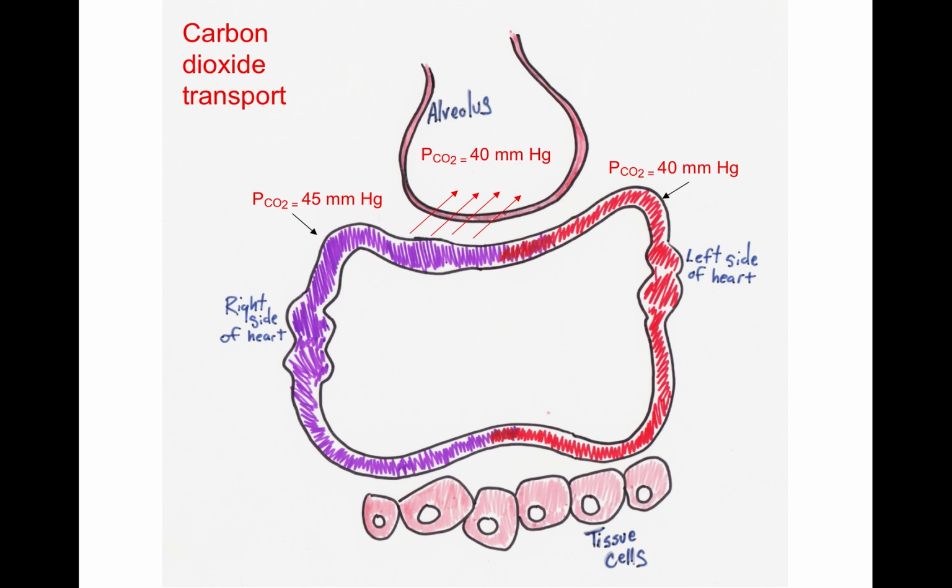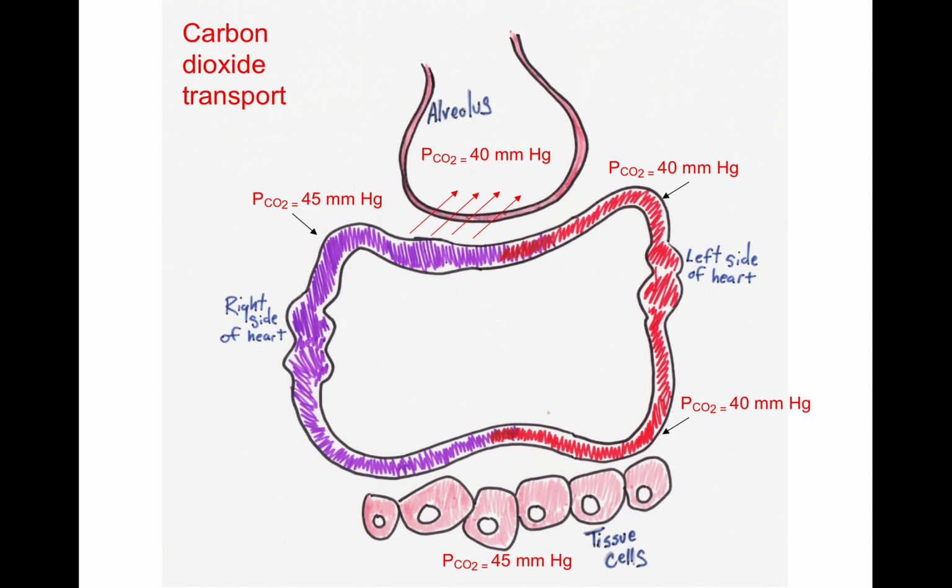So that blood will make its way back to the left side of the heart, out towards your body tissues, where this blood at 40 millimeters mercury will encounter body tissues that have been busy metabolizing, busy creating carbon dioxide, and the partial pressure in the body tissues is going to be roughly 45 millimeters mercury, okay, which is relatively high.